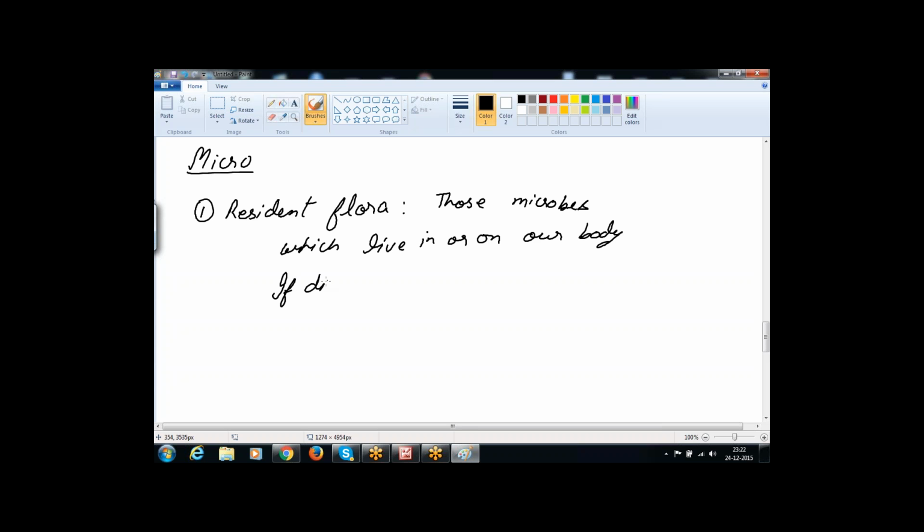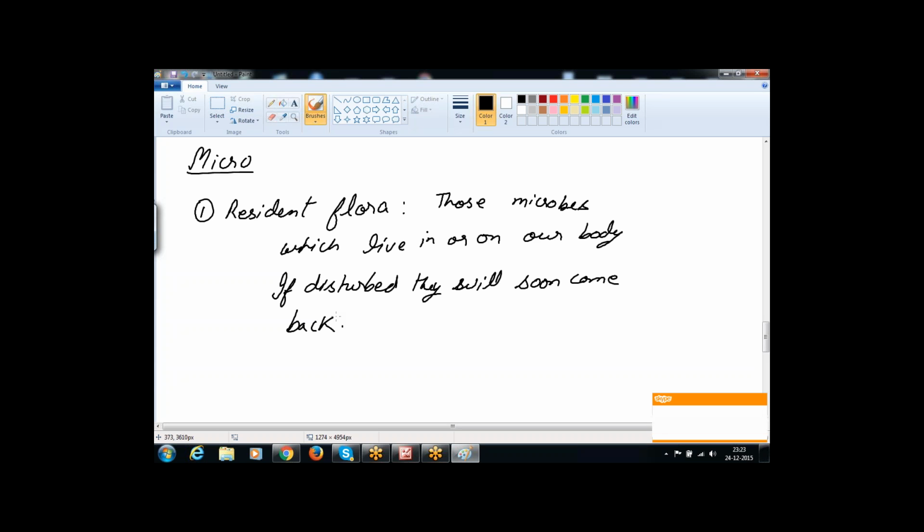If disturbed, they will soon come back. Let's say somebody has a tooth infection and we have to go for antibiotics. Those antibiotics will not only kill the bacteria causing the tooth infection, but will also kill all the bacteria present in our colon.